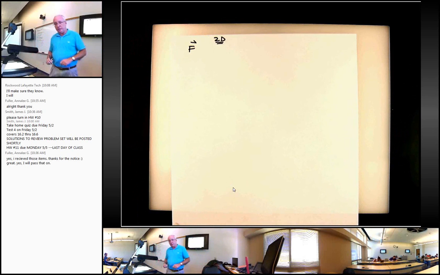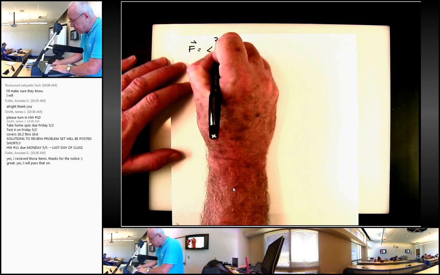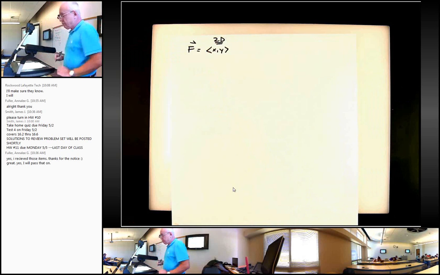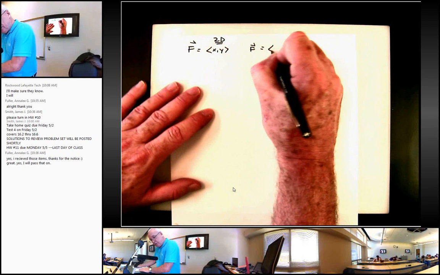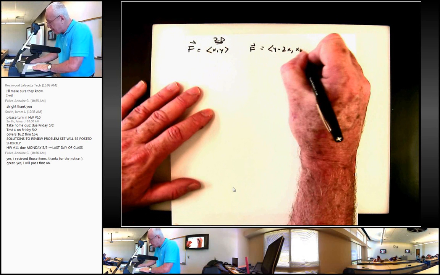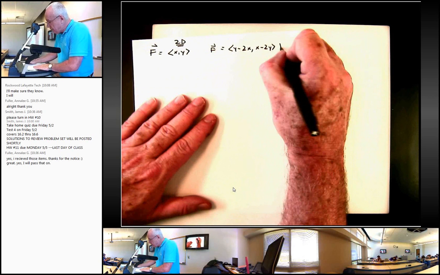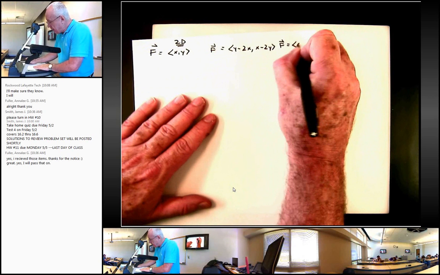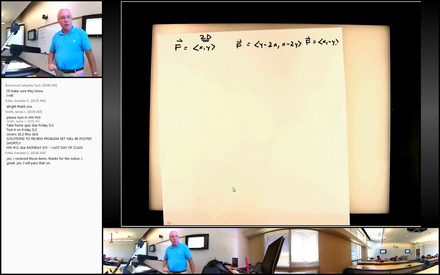Let's say the first vector field is just x, y. The second one is f equal to y minus 2x for the first component and x minus 2y for the second component. And the third vector field is x as the first component, negative y as the second component.